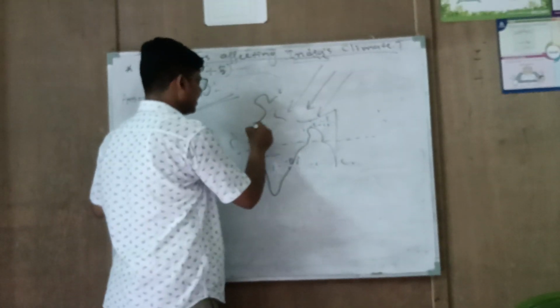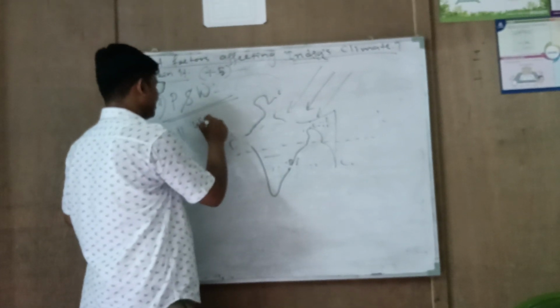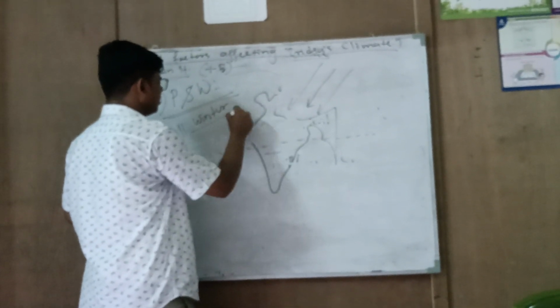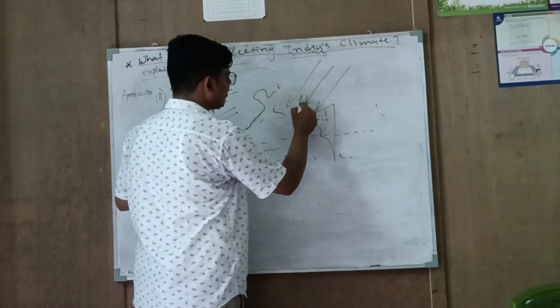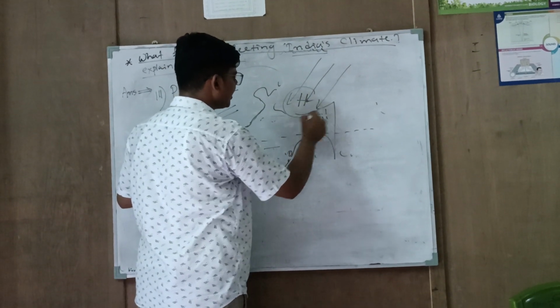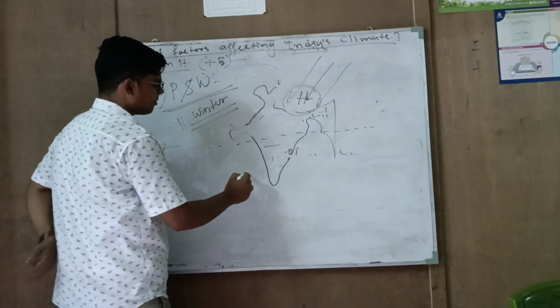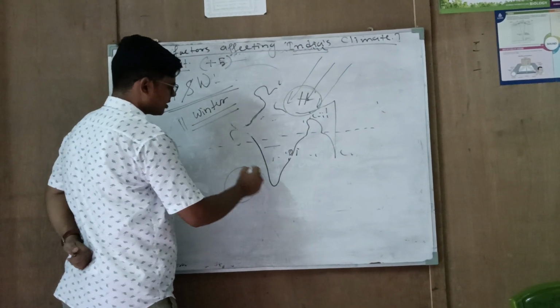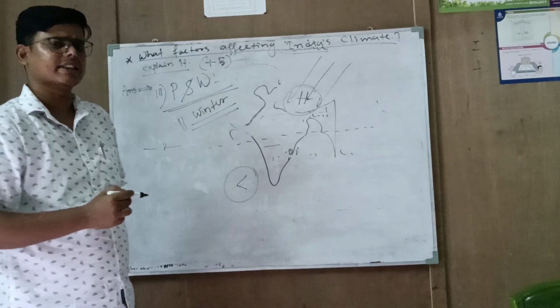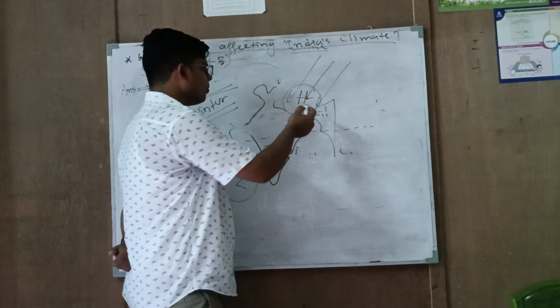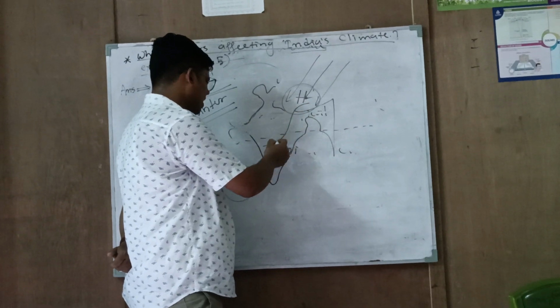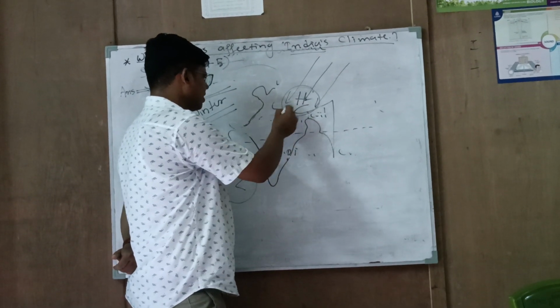So we can say that in winter time, a high pressure belt develops in the Himalayan belt area and low pressure develops over the Indian Ocean. Therefore, in winter time, the wind travels from this high pressure to the low pressure belt.